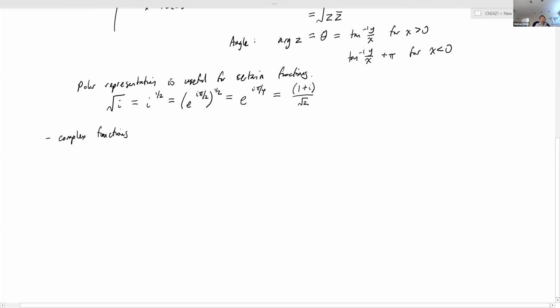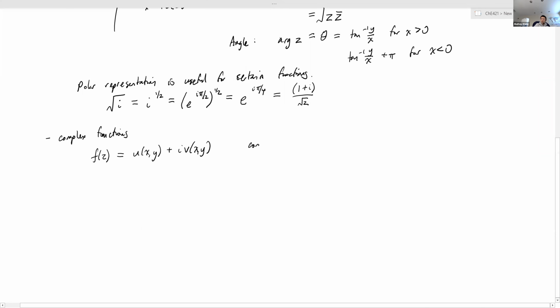Okay, complex functions. Just like a normal function, a real function, is something that takes an input and gives you an output. In real analysis, you take a real number and it outputs another real number. A complex function, which we can call f of z, takes a complex number and gives you another complex number. So one way that it is very commonly written is this.